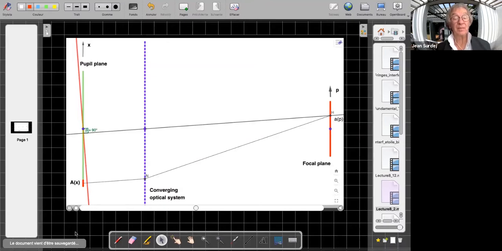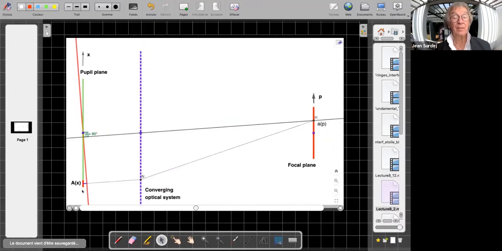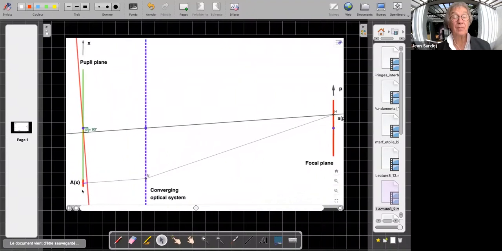In blue, we have represented here the path length difference between the pupil plane and this wavefront, which means that since this point in the pupil plane does not belong to the wavefront, it will be affected by a phase delay. And this phase delay is represented by this quantity, where P is a coordinate in the focal plane and X in the pupil plane.